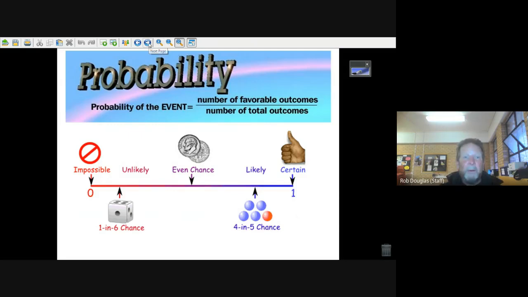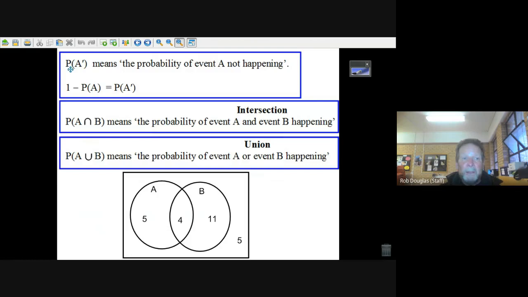Now, there's some other notation and some other ideas that are really important. When you have the probability of something happening, if you see a little prime here, or sometimes they put a little c, a complement, the probability of A prime means the probability of it not happening. And it always is 1 minus that.